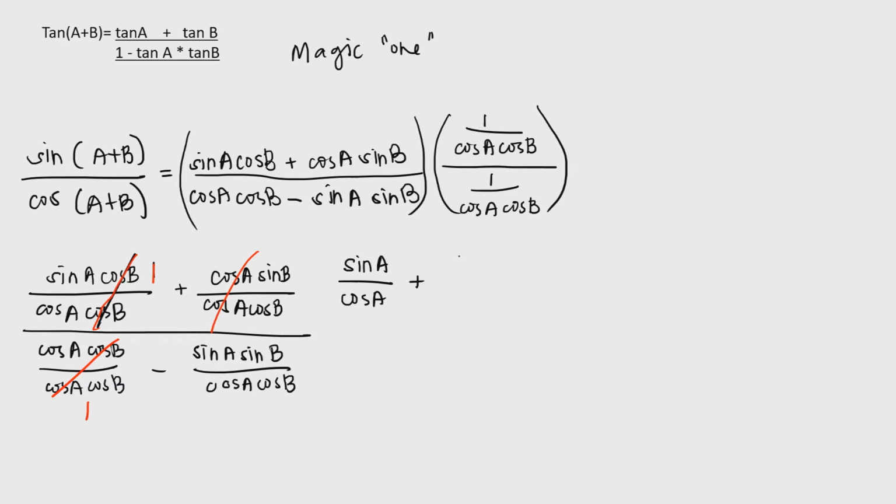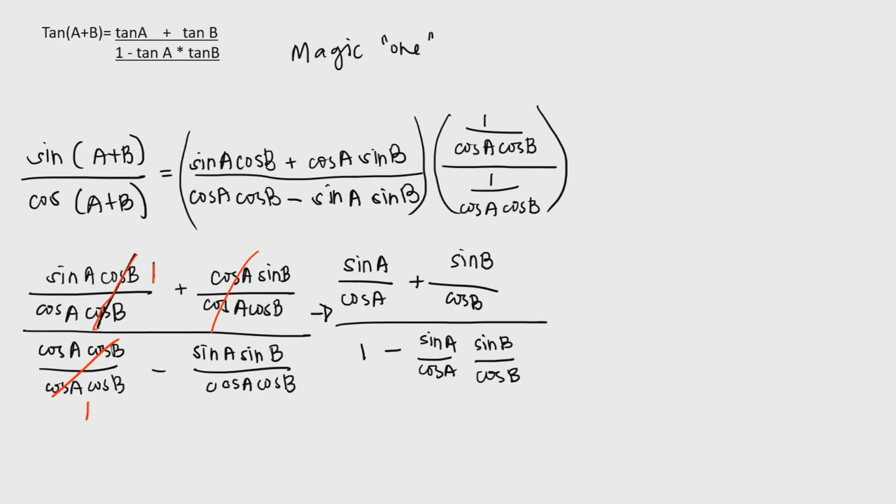Plus sine B over cosine B over 1 minus sine A over cosine A times sine B over cosine B.